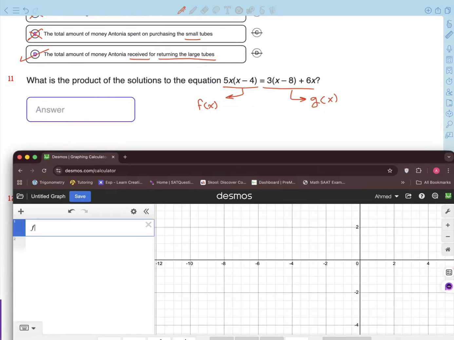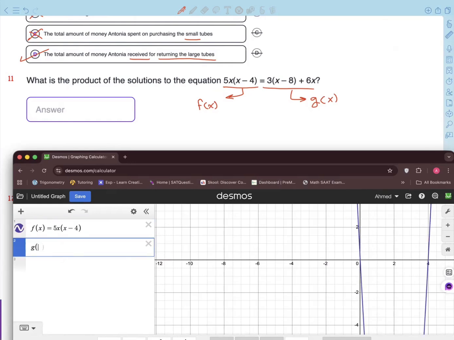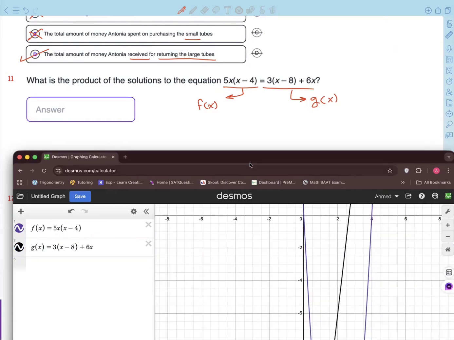As we said, f of x, the first equation, will be equal to 5 times x minus 4. And the second one, we can write as g of x equals 3 times x minus 8 plus 6x. Then we'll check the points of intersection between both.